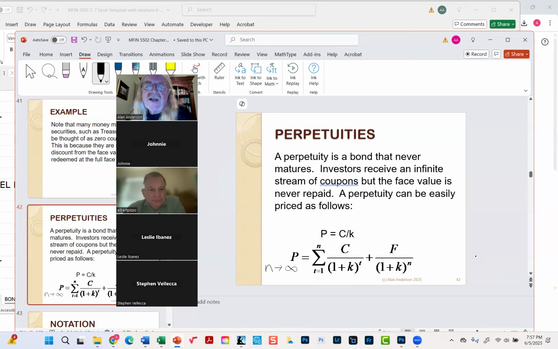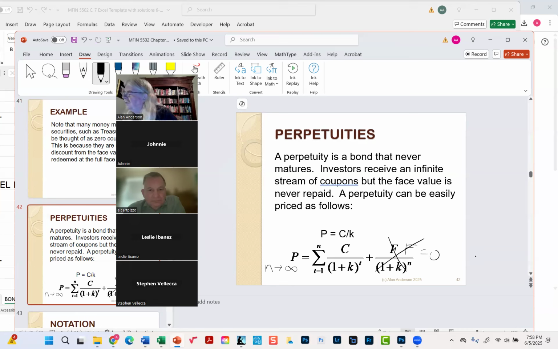And so the present values, well, actually, it's going to be more complicated than that just to prove it. But what's happening is the present values of the very distant cash flows are getting very close to zero. And there is no F, by the way. This term drops out.